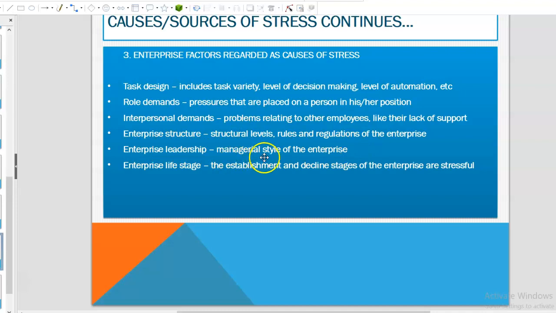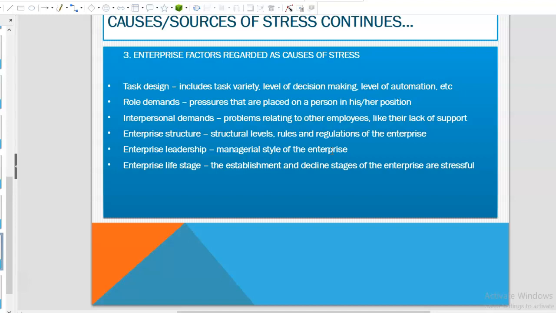Enterprise leadership, managerial style of the enterprise. We have different kinds of styles. We have laissez-faire. We have autocratic, especially the autocratic whereby it's forceful. You are too controlled. You are not free as an employee. It can cause stress.